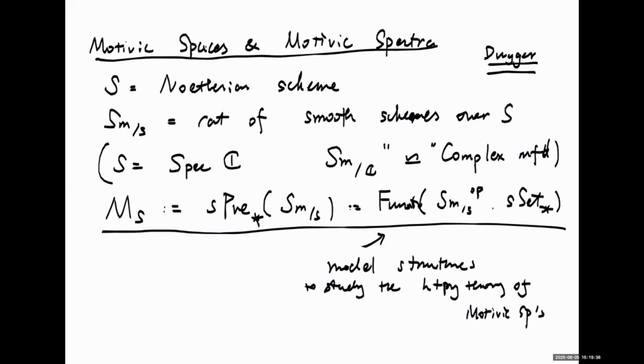Okay. Very good. Because we are in the category of pointed simplicial sets, there is a tensor product, which is the smash product. Because the target is pointed simplicial sets, oh, this is a bad notation, I'm going to change it.